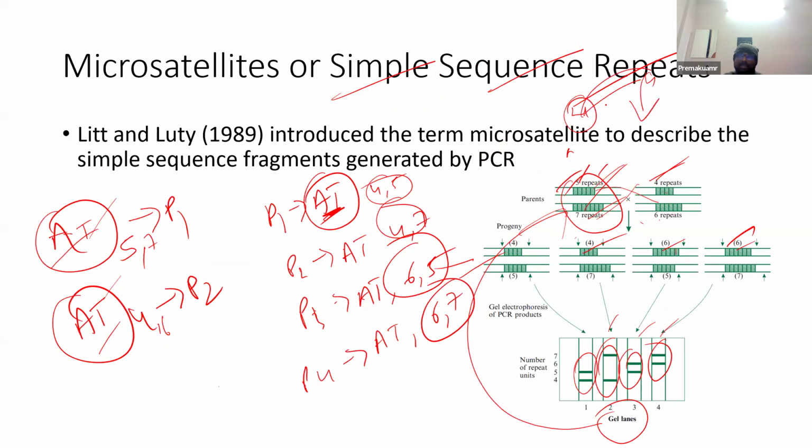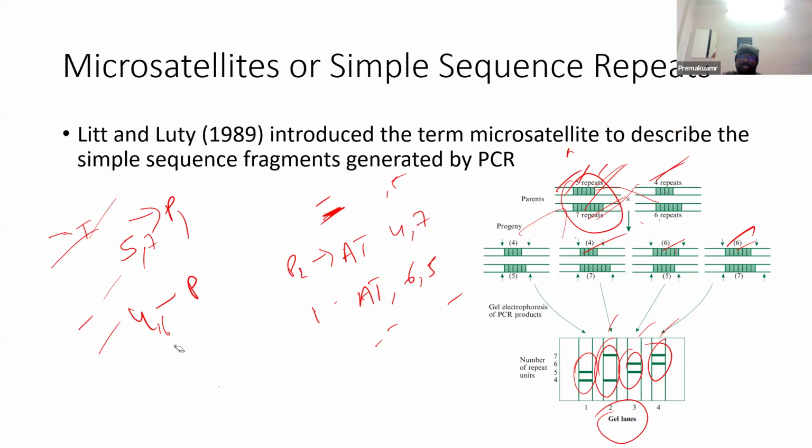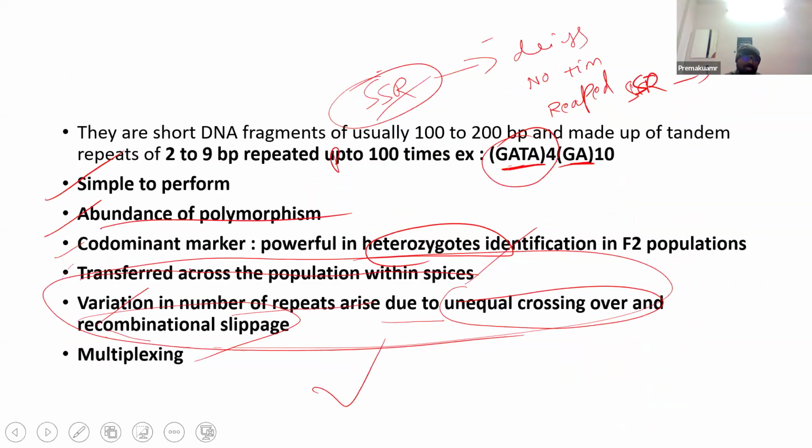But if there is unequal recombination, one progeny will get 6 repeats, but another progeny will get only 2 repeats. Because of this unequal recombination and replication slippage, SSR variation arises, and we can exploit them as a marker system.